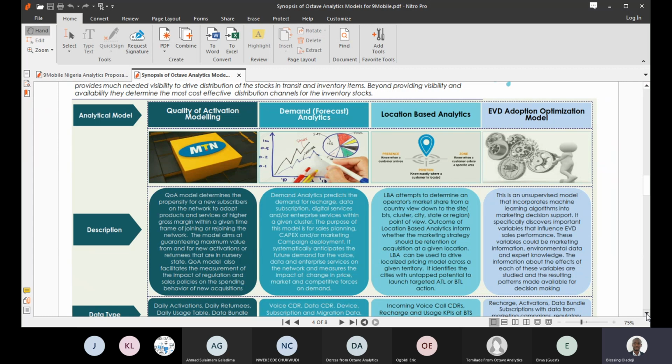So it's just like you have a shop, for instance, and a customer walks into your shop and you want to tell that, oh, this person is actually a high value customer. This person is worth buying this volume of product from my company. The way you treat that customer will be different from somebody who is just going to buy a 5,000 naira product from your store. So that's another application.